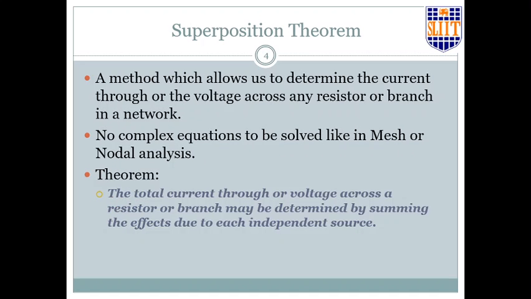So let's start with the superposition theorem. This is a technique which we can use if we are interested in finding the voltage or the current of a single branch or a single element only. Now if you want to find a particular detail, like let's say you have a resistor and you want to find the voltage across or the current through the resistor, using mesh analysis, nodal analysis and things like that is actually a waste of time, because we don't want the other details to be found.